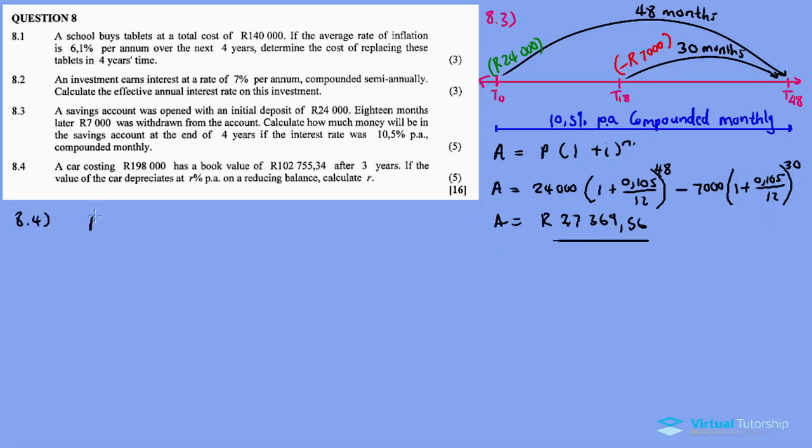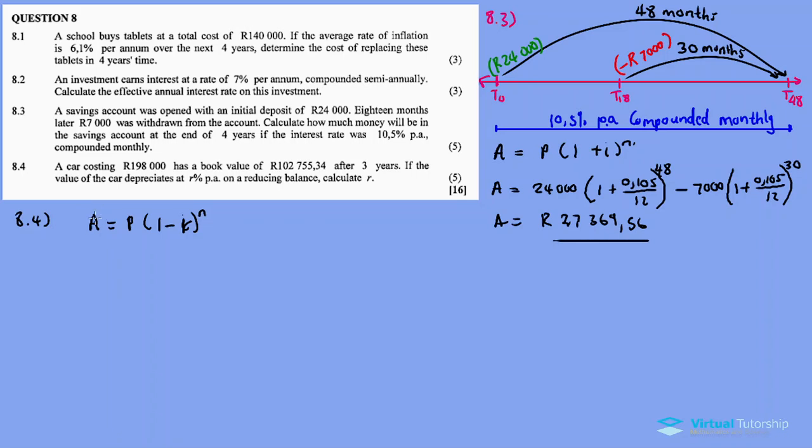8.4, so A is equal to P(1 minus i), or R, raised to exponent n. So sifuna u-R la, or let me just use R as in the question, right? Which is the rate, and then the accumulated amount or the book value.